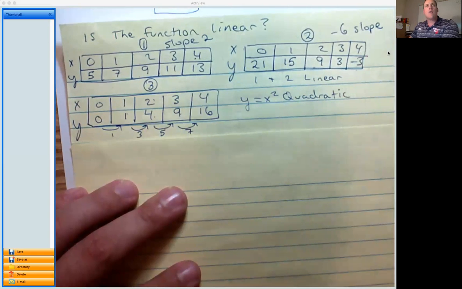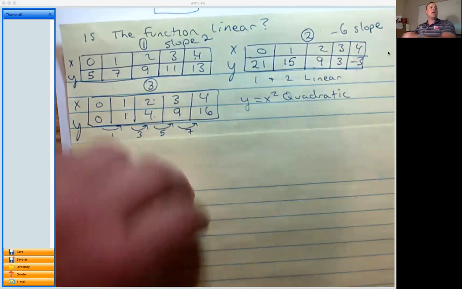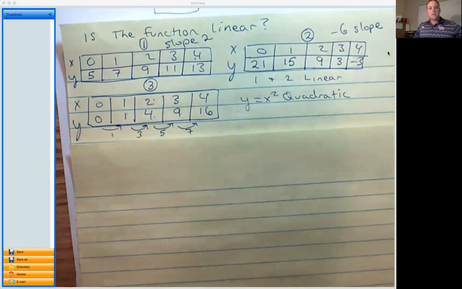Another important thing, Abigail, is that we are able to recognize what our y-intercepts are. So how do we figure out what the y-intercept is? It's the thing that goes up and down. Okay, that's our slope.